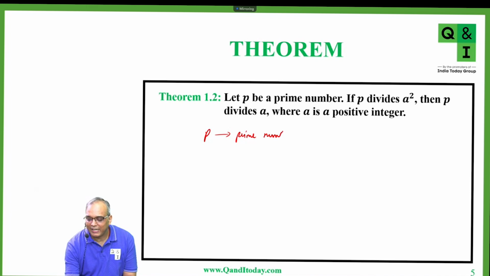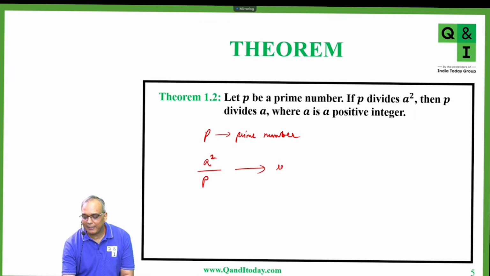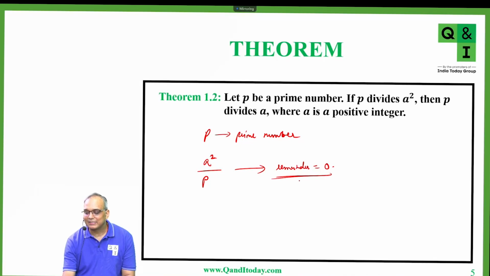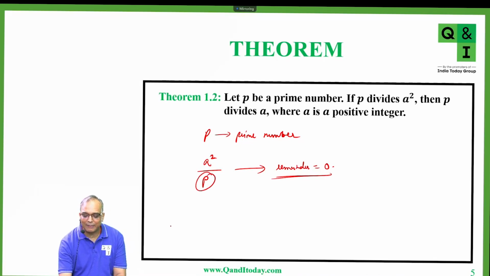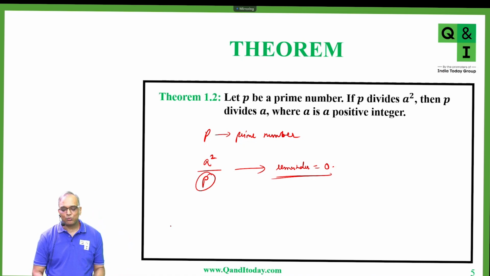Let's say we have a prime number p and you are dividing a square by p. If a square when divided by p leaves remainder 0, that means the prime number p is dividing a square.